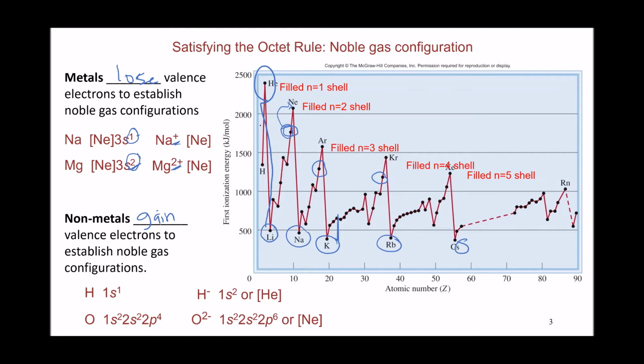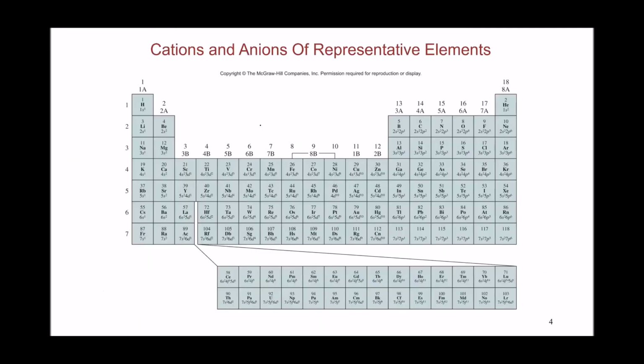And that explains why elements on the left-hand side of the periodic table like to form cations, positive ions, while the elements on the right-hand side of the periodic table prefer to form negative ions or anions. And you actually can make a prediction about the charge that you expect for each of these ions.